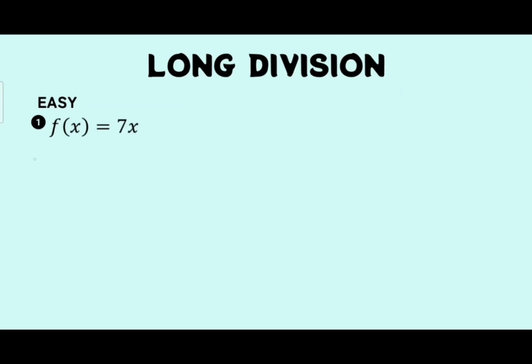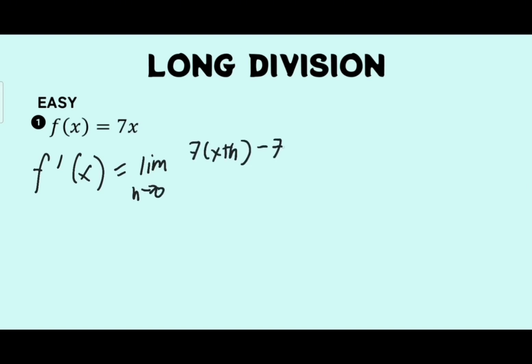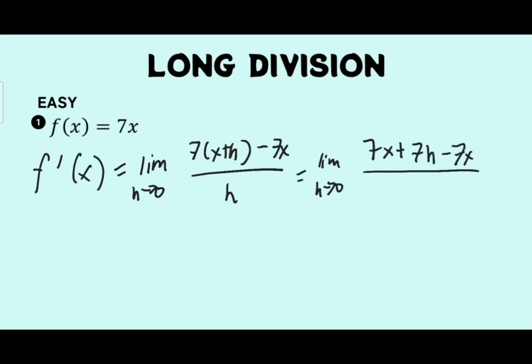To find its derivative, we substitute our function, so now we get the limit as h approaches 0 of 7 times x plus h minus 7x divided by h. Expanding this, 7x plus 7h minus 7x divided by h, and the 7x terms cancel out, leaving us with 7h over h, which simplifies to 7.